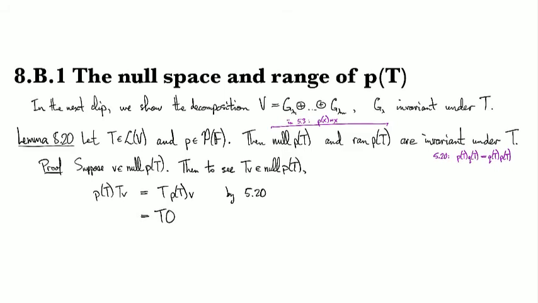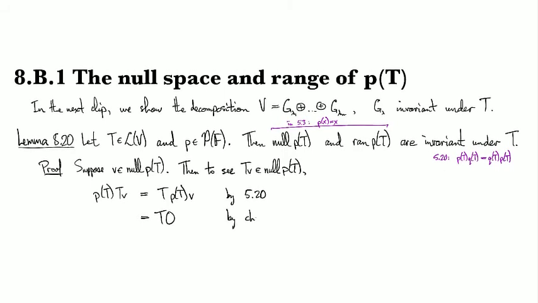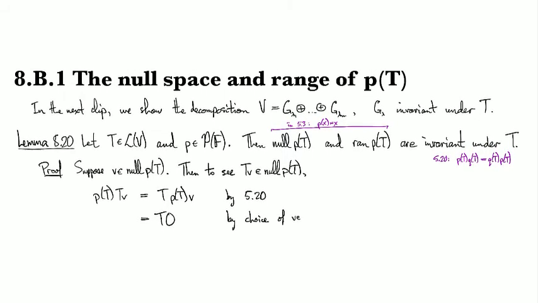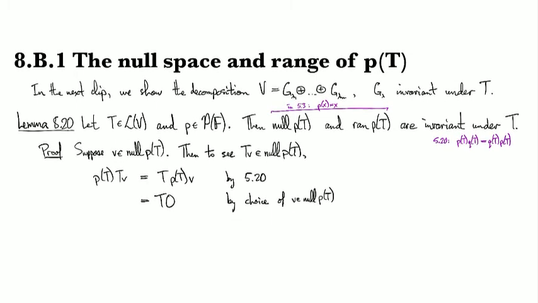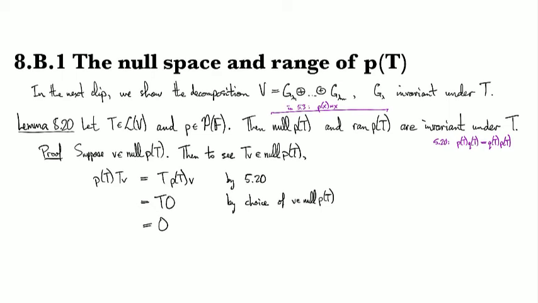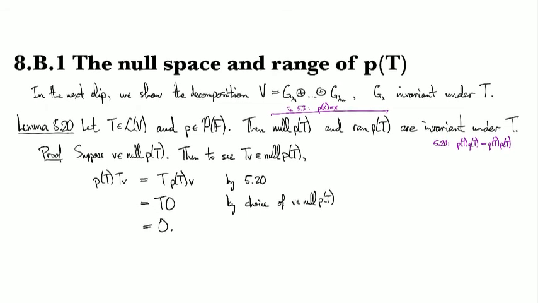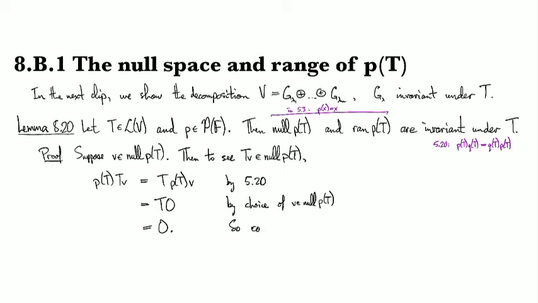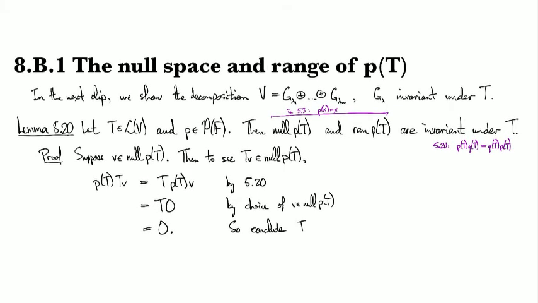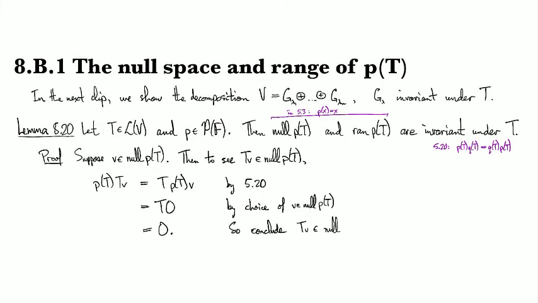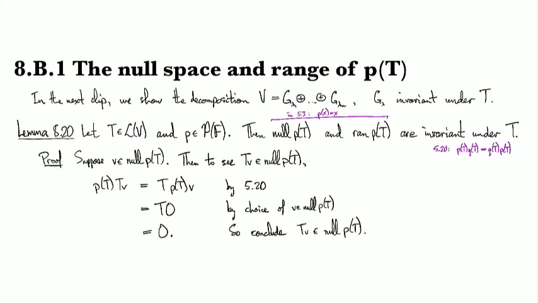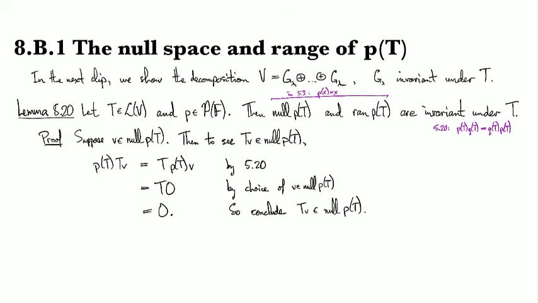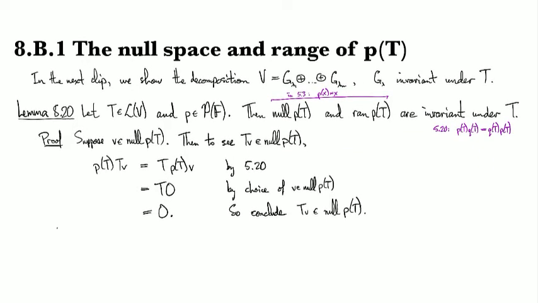So we have T of 0, and any linear map always takes 0 to 0. So this gives us 0. What does that tell us? We can conclude that Tv is in the null space of P(T). So if we start in the null space of P(T), we end in the null space of P(T) after applying T. Cool. All right.